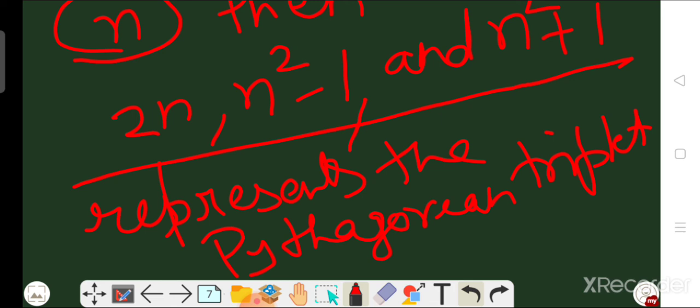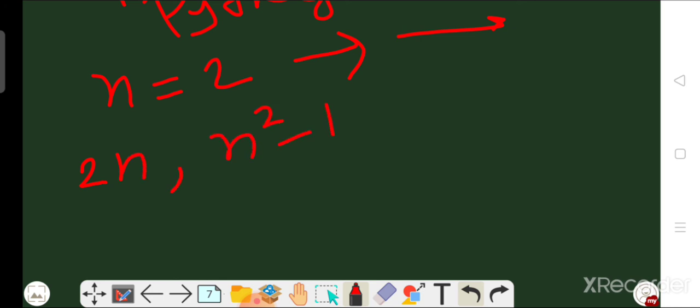Okay, for example, beta, if we are given n equal to 2, and we have to find the Pythagorean triplet. So the Pythagorean triplet is 2n, n square minus 1 and n square plus 1.